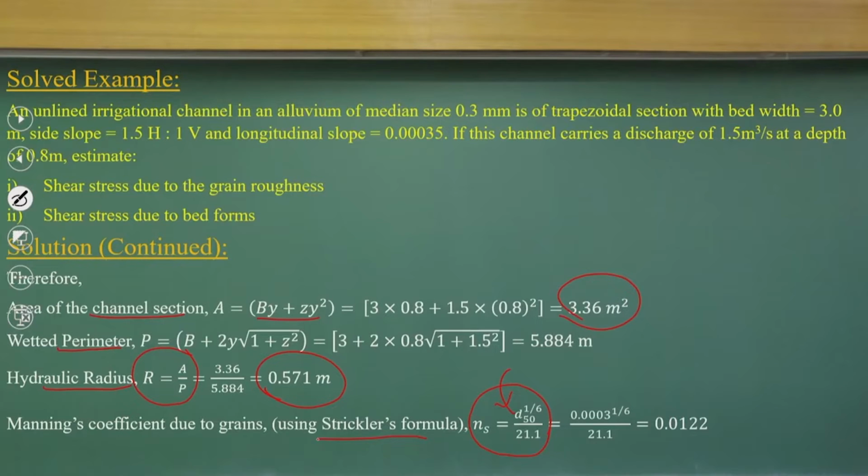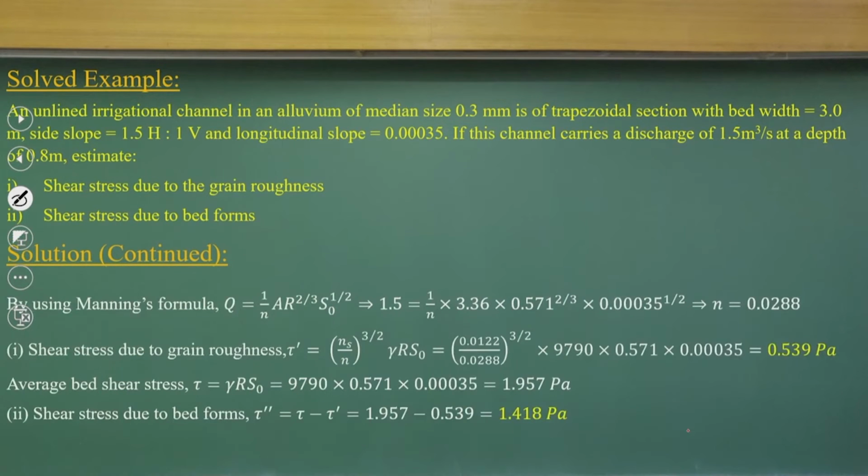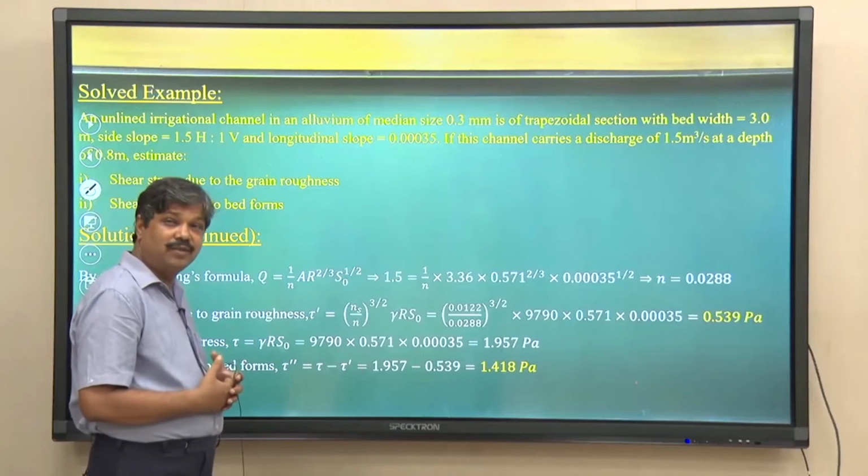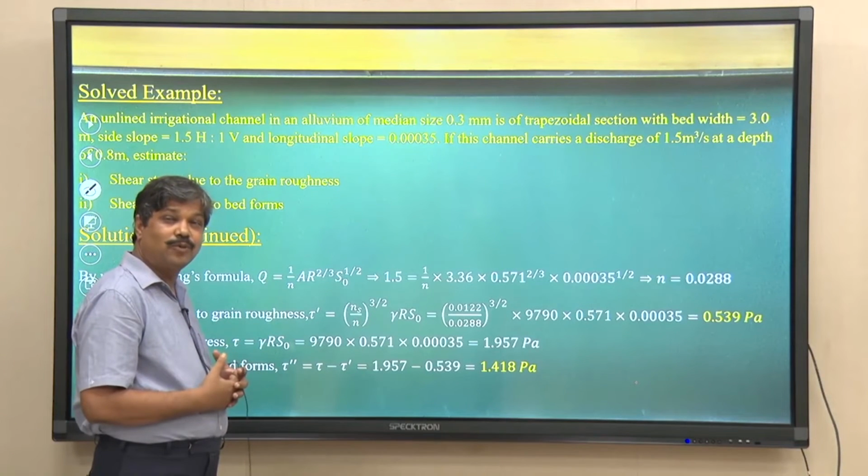Based on that we can compute the n_s value, which comes out to be 0.0122. That is the Manning's roughness coefficient due to the grains, due to the particle size distribution of D50. Now, the discharge is given to us, the flow depth is given to us, the hydraulic radius is known, and the bed slope is known to us.